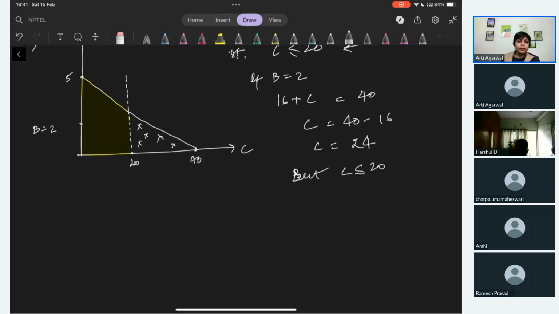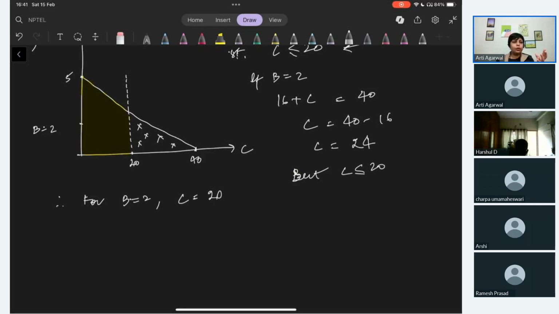Even though technically, budget-wise, Avery can consume 24 cups of coffee, because of this constraint which the doctor has imposed on her, she cannot have more than 20 cups of coffee, right? Therefore, for B equal to 2, C will be equal to 20. That's the reason why this part was there in the question.